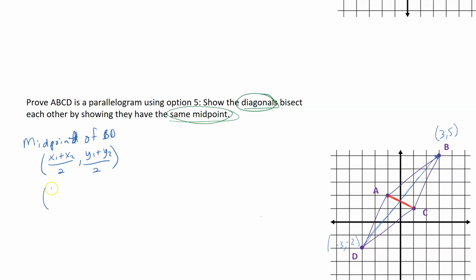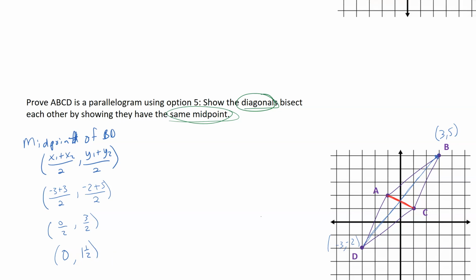So we're going to add our x's. So -3 plus 3 divided by 2. And we're going to add our y's, -2 plus 5 divided by 2. So 0 divided by 2 and 3 divided by 2. So (0, 1 and 1/2), or you can leave it 3/2 if you want.